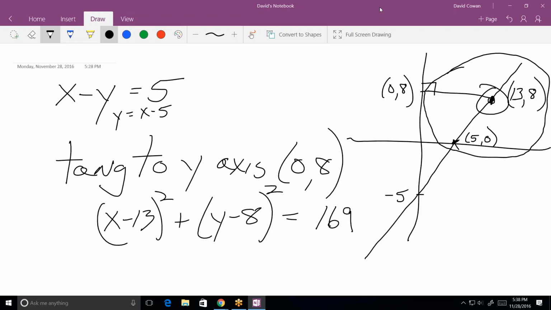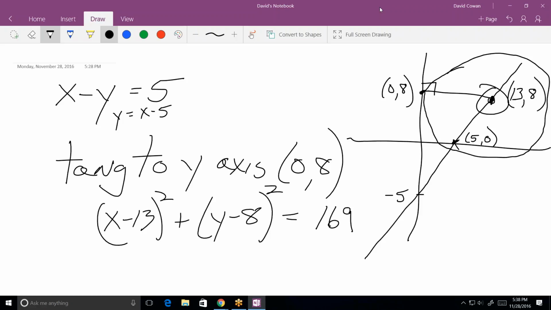Now, just as a test, does that point lie on the circle according to our equation? Which point? 0, 8? Any point on the edge of this circle, on the circumference of the circle, has to fit this equation. Whatever my coordinates are, not the center, but on the edge. Okay. The only point I know of for sure that's on the edge is this 0, 8.